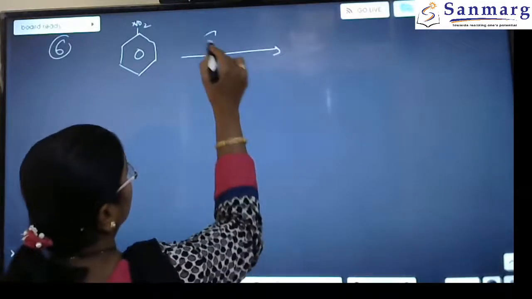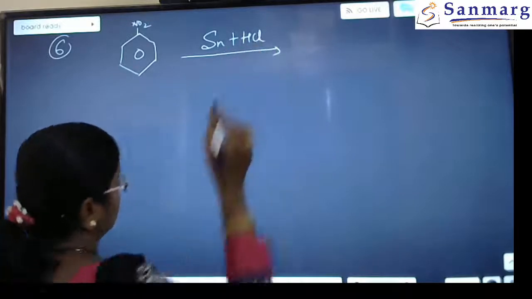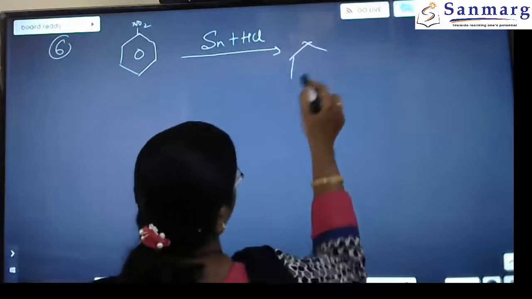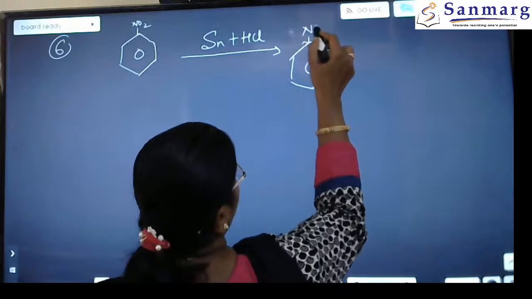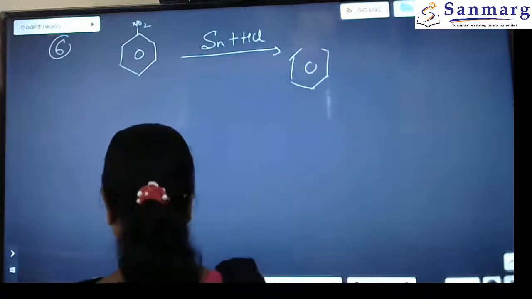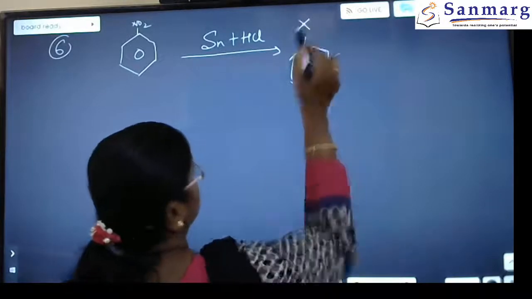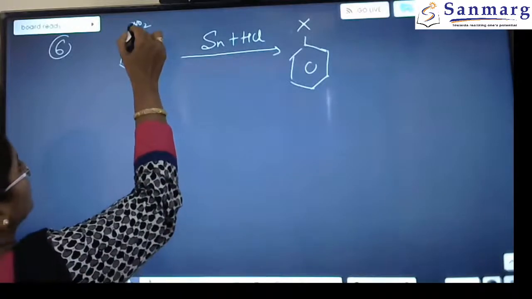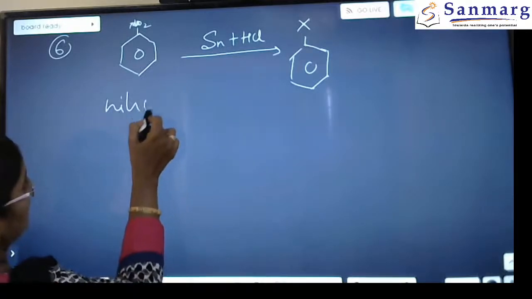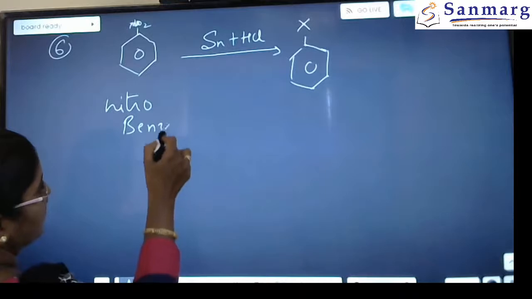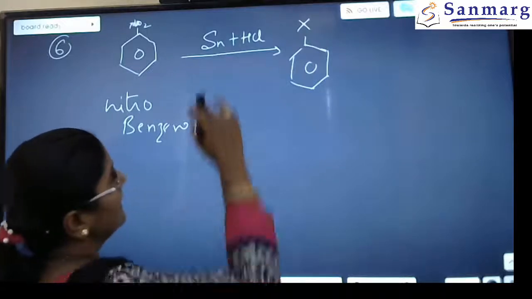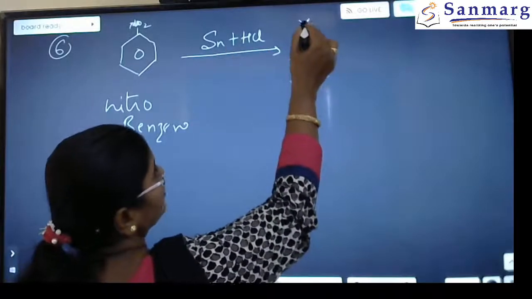It undergoes reduction with stannous, tin and HCl. You get benzene ring attached to this X group. Here the given question is X. Nitrobenzene, benzene ring with NO2 group, undergoes reduction in presence of Sn, tin and HCl.